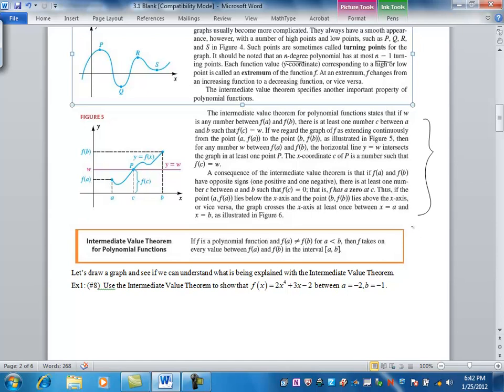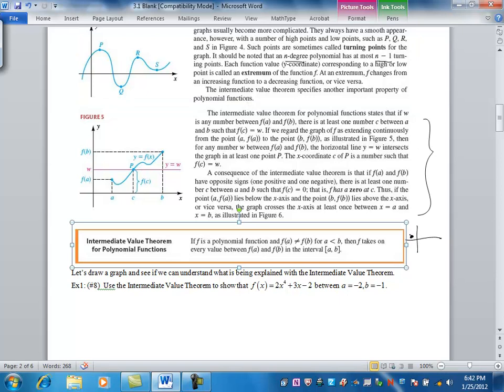So in other words, if this is the point a, f of a and this is the point b, f of b, somewhere in here, if this is a polynomial function, then all of the y values in this region will be hit.